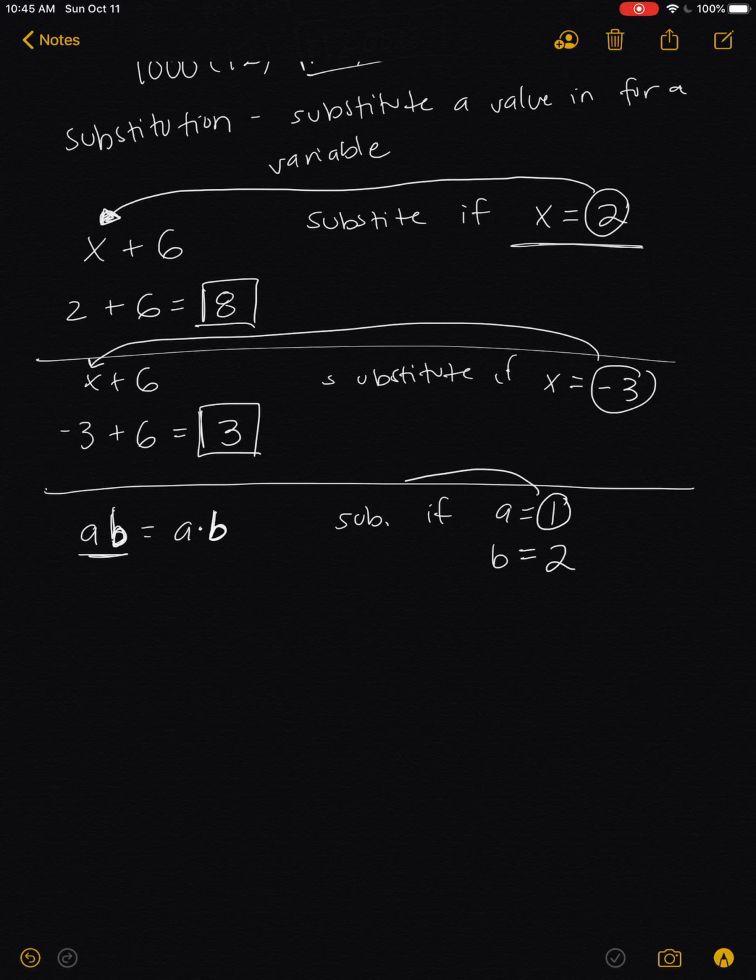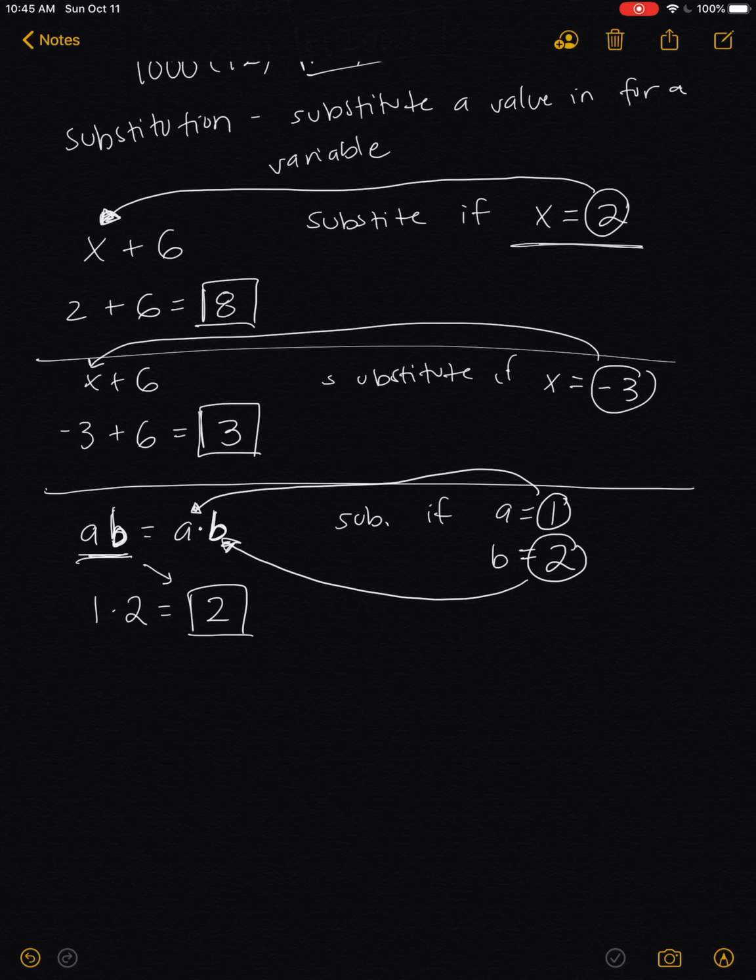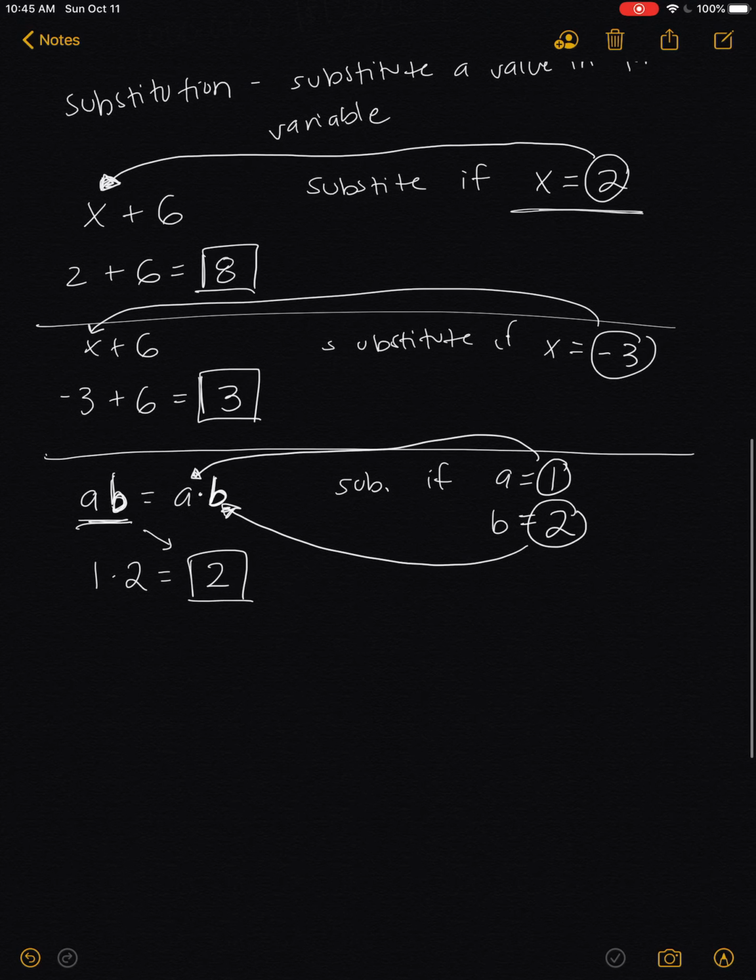So I plug 1 just into A, right? And I plug 2 into B. So then I get 1 times 2, and I get 2. So if A is 1, B is 2, then AB is equal to 2. Or A times B is equal to 2.